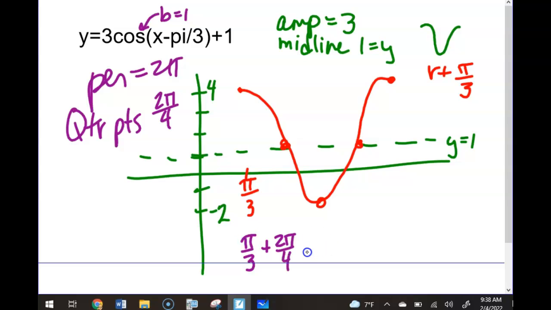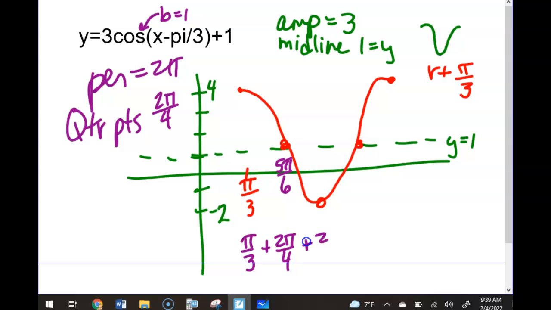Type that, please. 1/3 plus 2/4, math, enter, enter. Is it 5, 6? Okay, so this first one is 5 pi over 6.